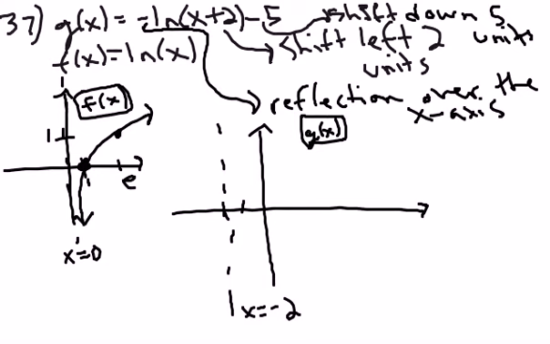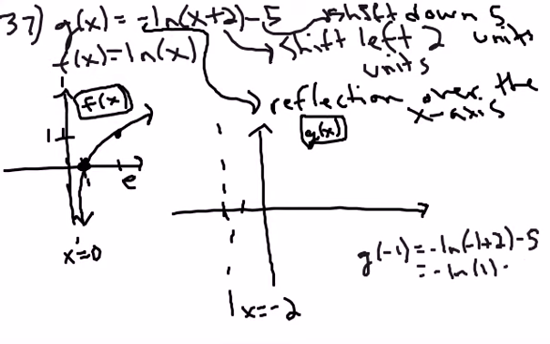If I plug in -1, so g of -1, you would get negative ln of -1 plus 2, minus 5.